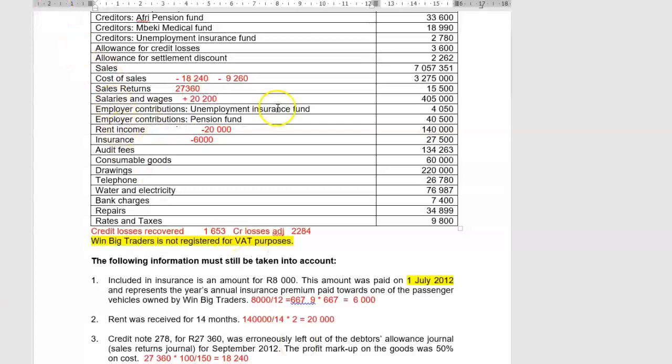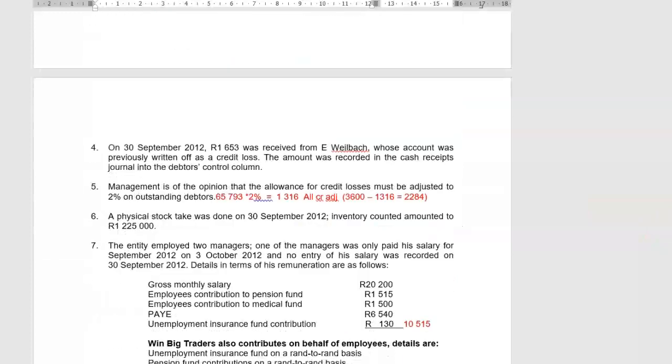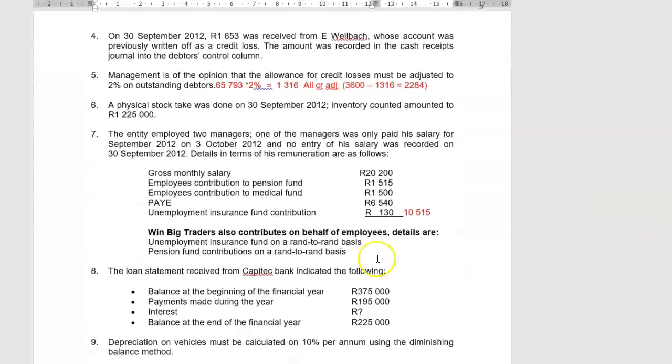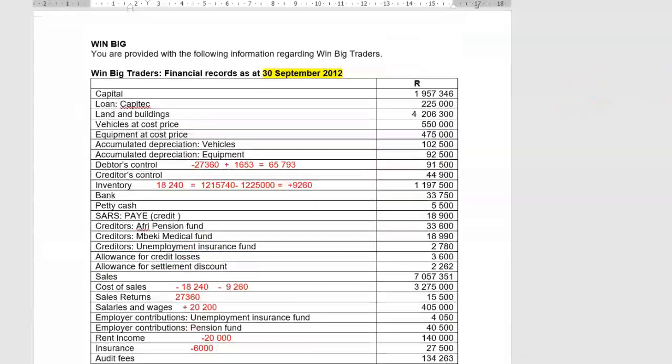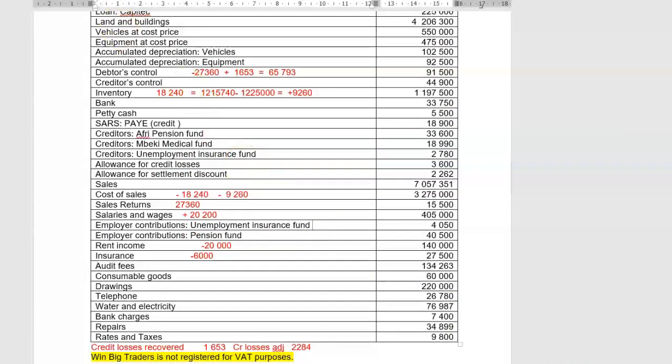Now they have separate accounts for the UIF contribution and separate accounts for the pension fund. Remember, the UIF contribution and the pension fund contribution is all about the employer contributions. So those two. UIF on a rand by rand basis, so it's also 130 rand, and pension fund on a rand by rand basis, which is 1515. So UIF plus 130, pension fund plus 1515. Good.